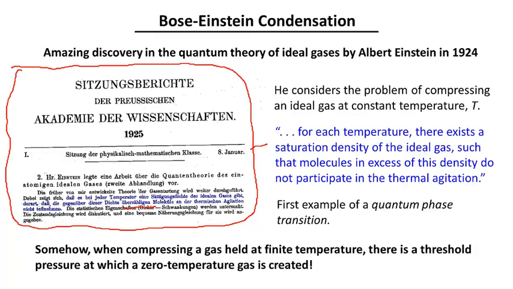So it's like you create, by increasing the pressure, a new phase of the gas which has zero temperature. This is very strange, and in fact, Einstein, in this paper, wondered whether it was simply a mathematical artifact of the theory and had any correspondence in reality.